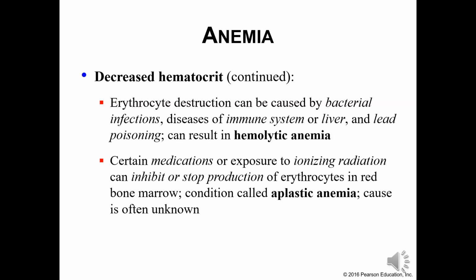You also have certain medications that can cause a hematocrit to fall, like ionizing radiation, and these all can inhibit or stop production of red blood cells in your red bone marrow. This condition is referred to as aplastic anemia, and the cause of aplastic anemia is often not really even known.